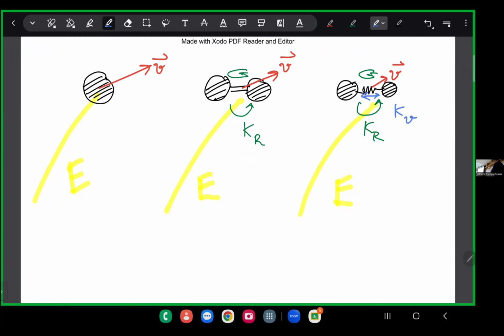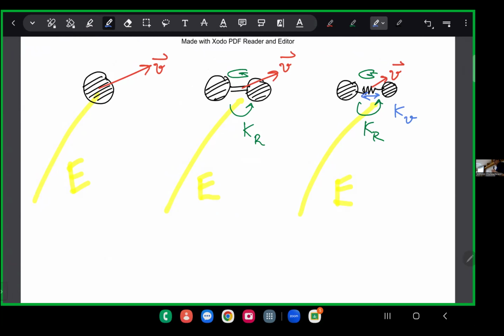Sounds good? But now you say, wait a second, you already said the translational kinetic energy translates into temperature. You got it? So if I change my question, which particle should rise in temperature the most? It will be the left one, the first one again. You guys with me?